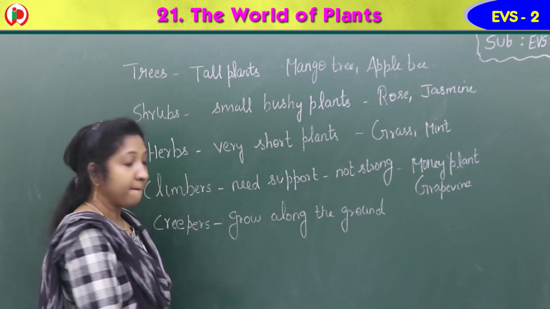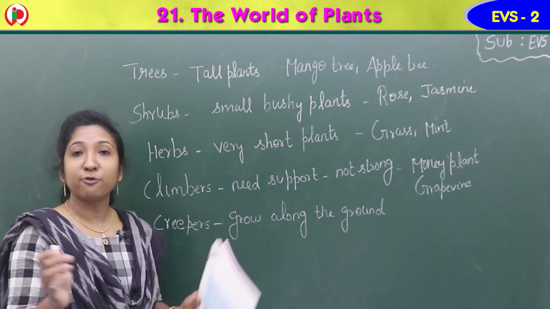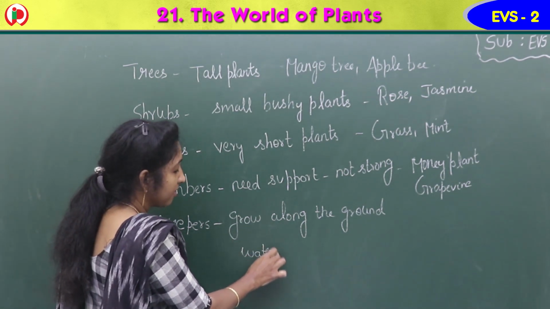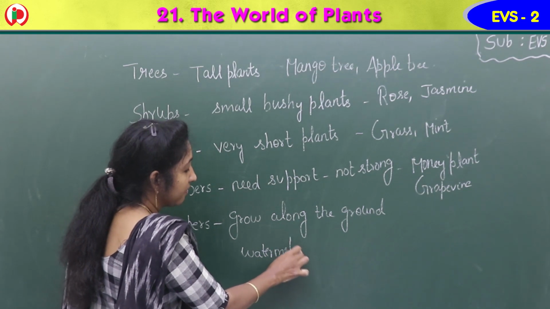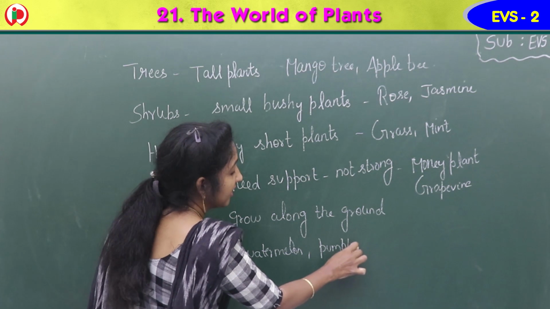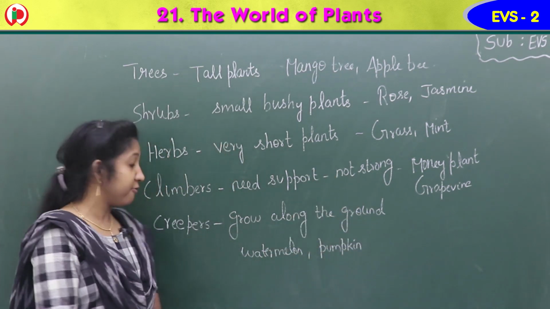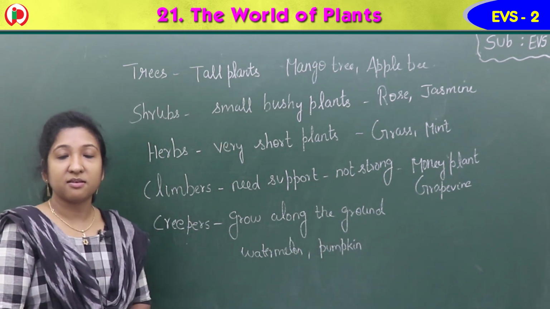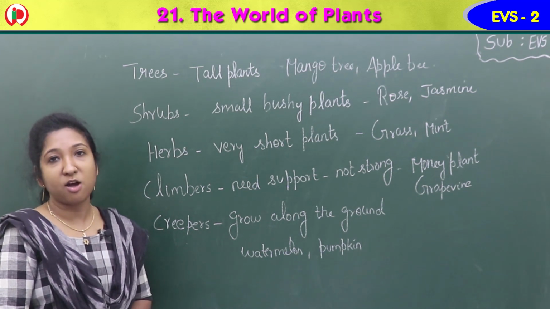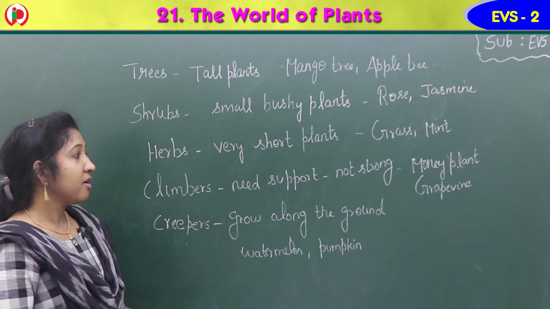Example. Yes, they usually have big fruits. So, watermelon, pumpkin. These are the examples of creepers. They creep along the ground or they grow along the ground. They are creepers.